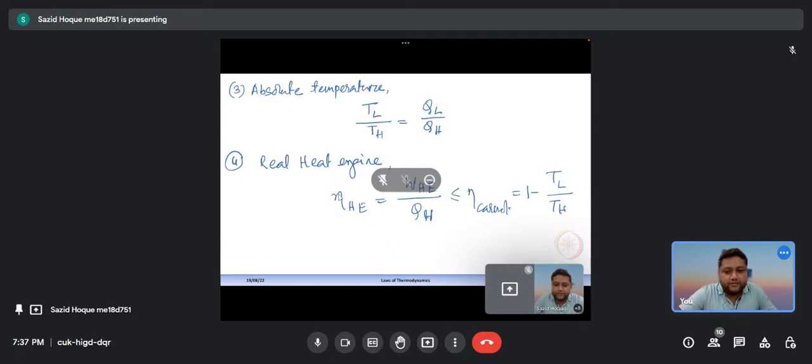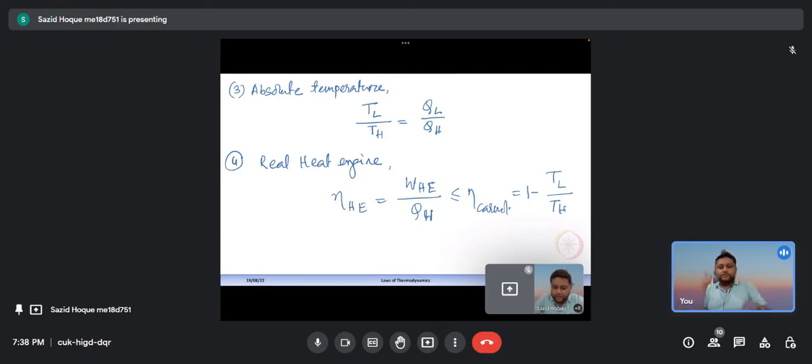Because of that, for a Carnot cycle or a reversible heat engine, we can replace QL by QH with the temperatures of the two reservoirs. Accordingly, eta Carnot will be 1 minus TL by TH, or eta of the reversible heat engine will be 1 minus TL by TH, and for a normal heat engine it will be W by Q only, or you can write 1 minus QL by QH.